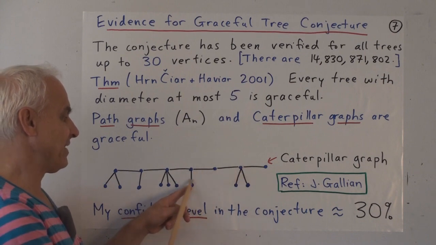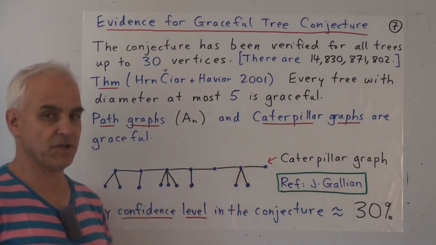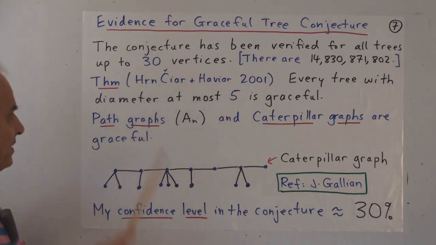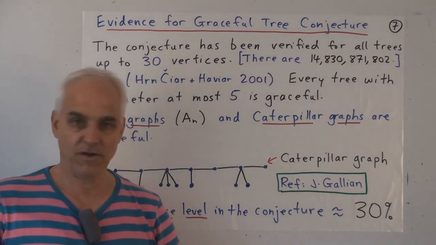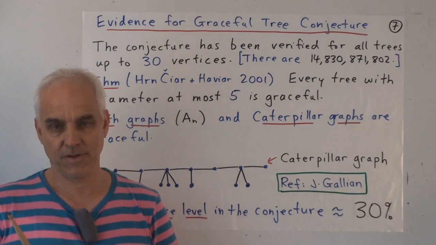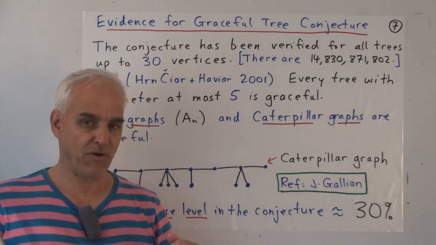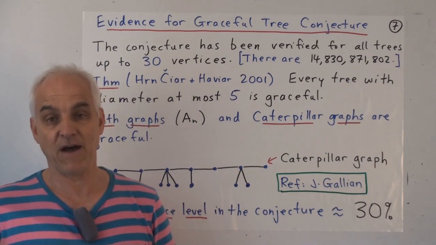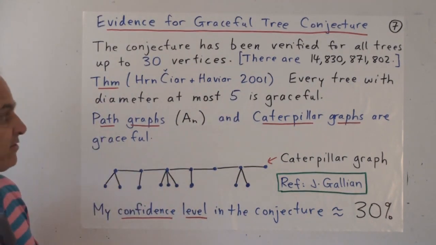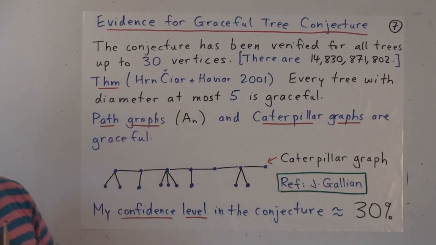So we could say that the distance between these two vertices is, say, 5. And the diameter is the maximum distance between any two vertices in a graph. So in other words, if any two vertices in the graph can be joined by a path of length at most 5, then we know that that tree is graceful.